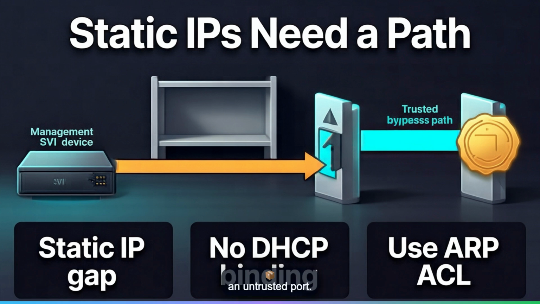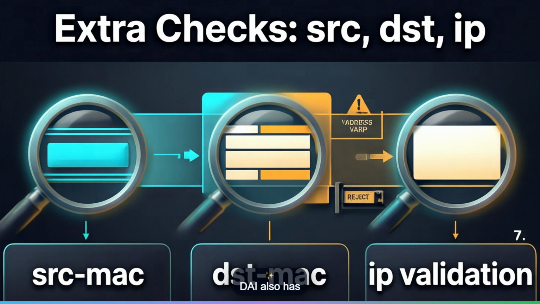DAI also has optional validation checks with ip arp inspection validate. src-mac compares the Ethernet source MAC to the ARP sender MAC. dst-mac checks ARP replies by comparing the Ethernet destination MAC to the ARP target MAC.